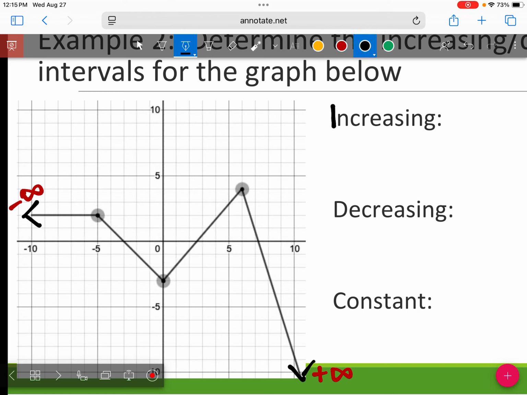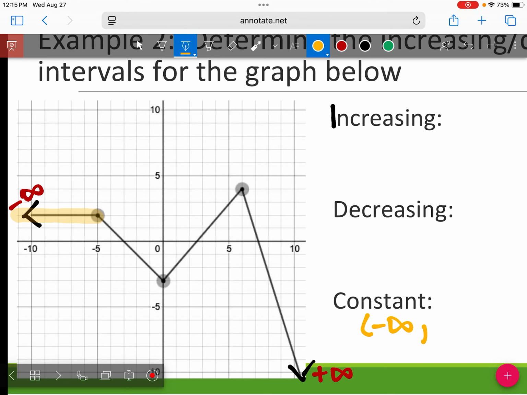So when I'm tracing it coming in from negative infinity, what is happening to the y value right here? It's constant. Would you agree when you look at my red dot that it's not going up or down, it's just straight?